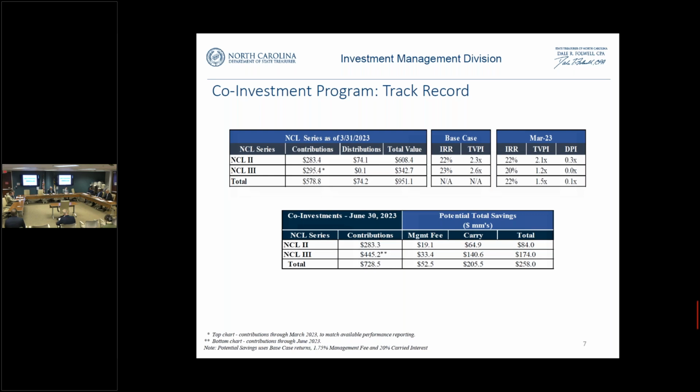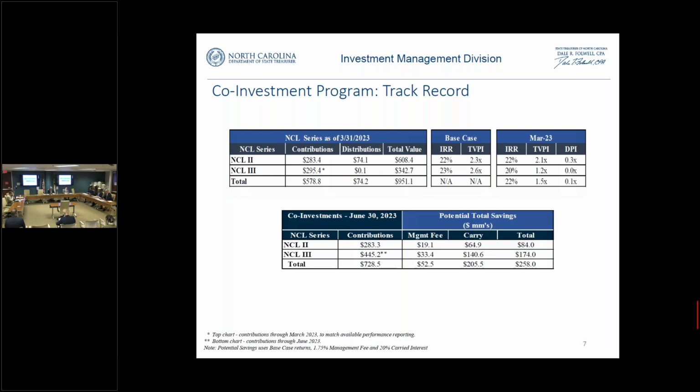If you look at the total value, including the 4 deals we've done through June, we're at $1.1 billion in NAV. We've tried to deploy the capital judiciously with vintage diversification and high conviction investments. If you look down at the bottom, I wanted to show what our expected savings are by doing the co-investments.